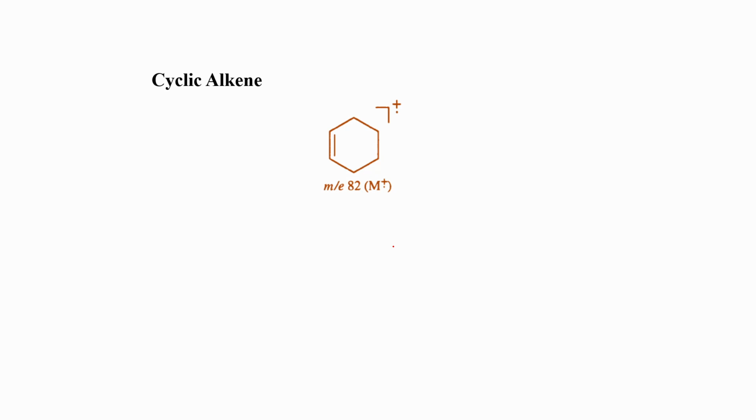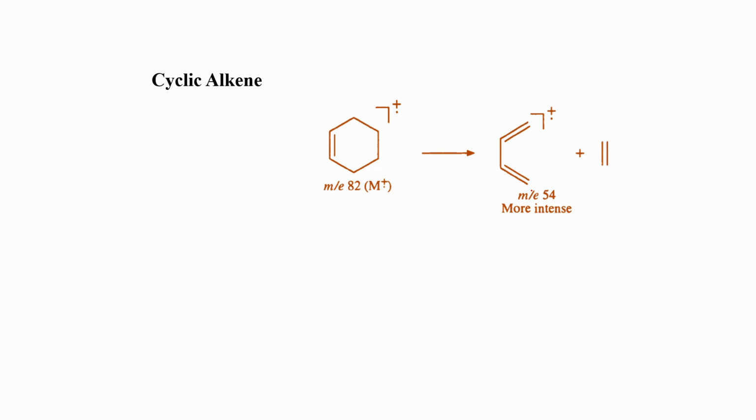Cycloalkenes usually give a more intense molecular ion peak. For example, in the case of cyclohexene, we get a more intense molecular ion peak at m/e value 82. The prominent fragmentation pattern is the retro-Diels-Alder reaction, whereby we get the radical cation with m/e value 54.